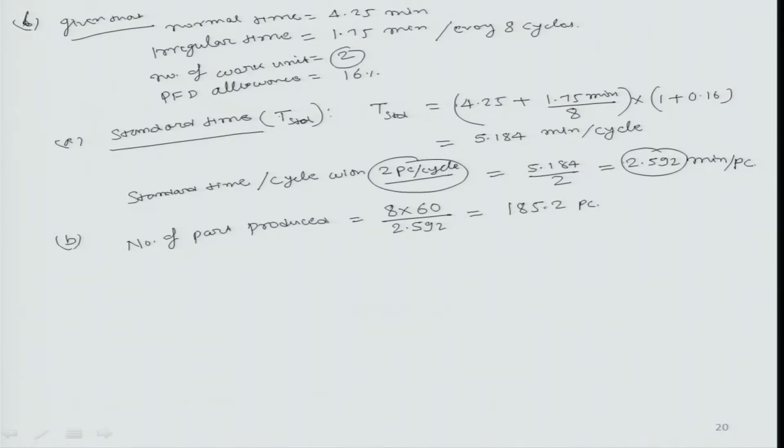Now you will have to round it, and this has to be an even number, because the number of work units is 2. So we can't go beyond 185.2 pieces, so this will be 184 pieces. It must be an integer multiple of 2.